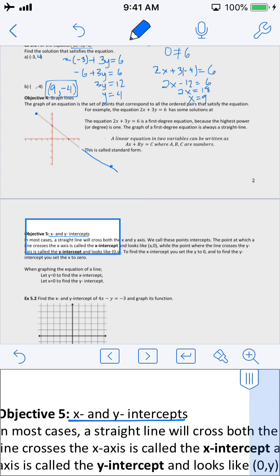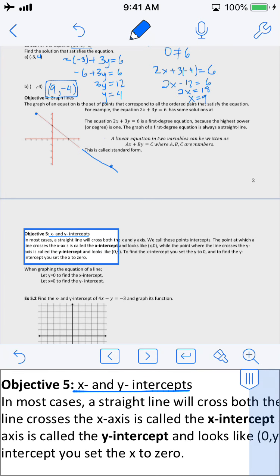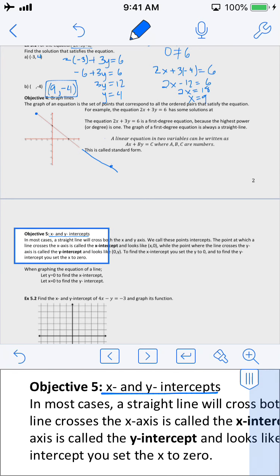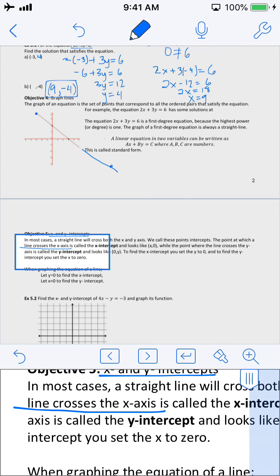X and y intercept. Most people remember that's the place where you cross the x-axis. X-intercept. The word intercept, I know what that means because I've driven before. I've driven with my parents, and that means intersection, right? So crosswalk, crossing. Oh, okay, it's the place where it crosses the x-axis. I can remember that, right? Same thing with y. That's the place where it crosses the y-axis.